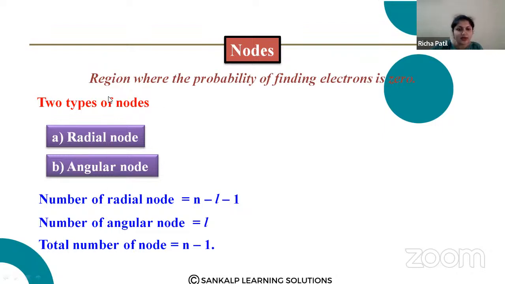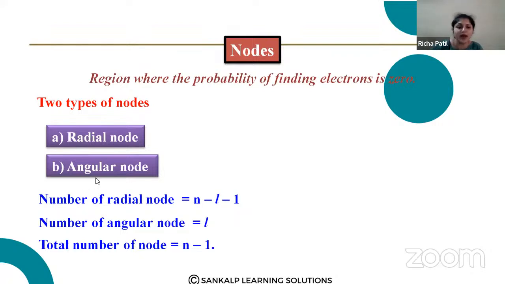The radial node depends on two quantum numbers: the principal quantum number and the azimuthal quantum number. So how can the radial node be calculated?